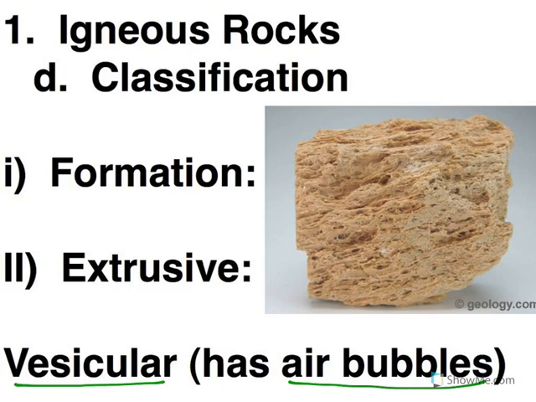So here we have a picture of pumice, which you may associate with scrubbing yourself in the bathtub. It's the same thing, and all these little holes here are air pockets. Pumice, because it has so many air pockets, actually has a density less than water, and it's one of the few rocks that does have such a low density, which allows it to float on water.